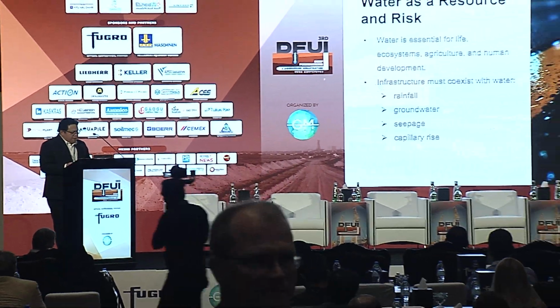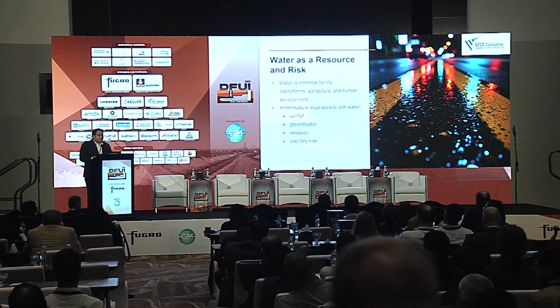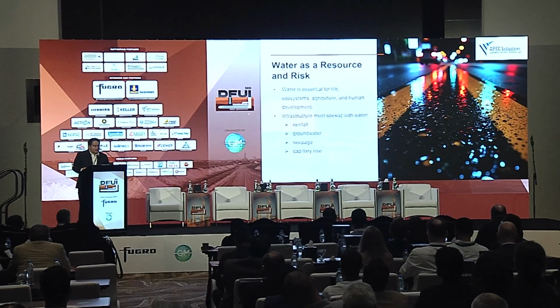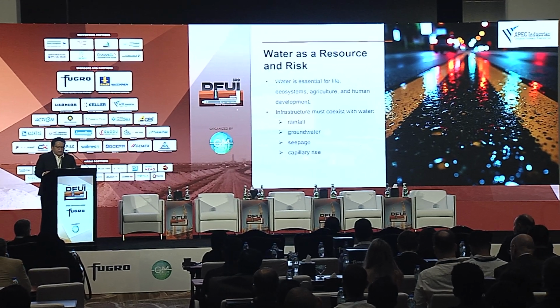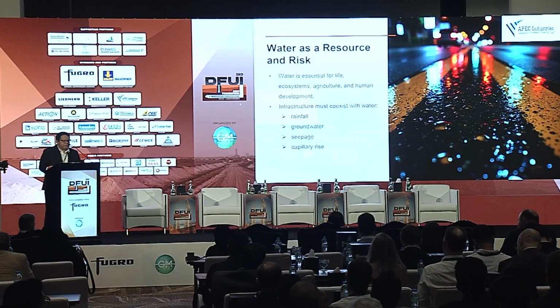So when this is not managed, it changes the engineering properties of the soil and aggregates. Therefore, in pavement engineering, water itself is not the problem, but the real challenge is the uncontrolled water accumulation, which can significantly reduce pavement performance.